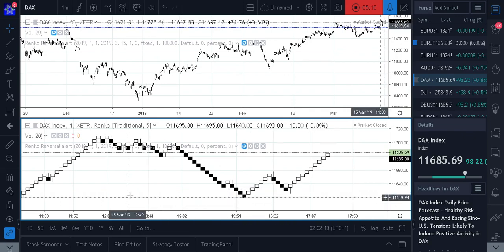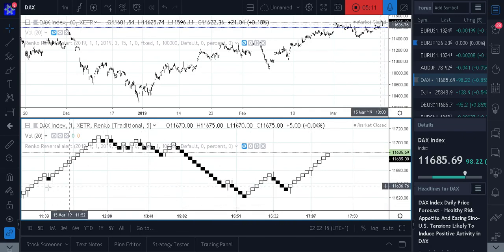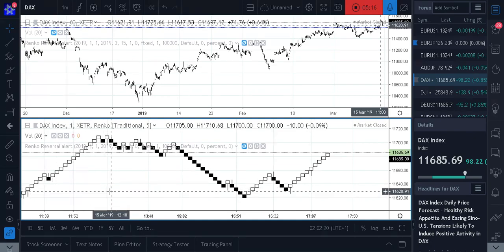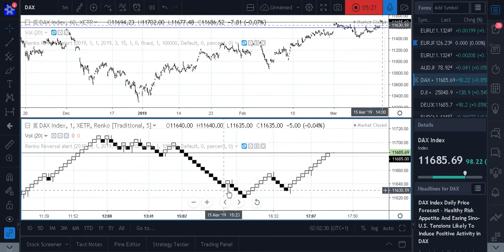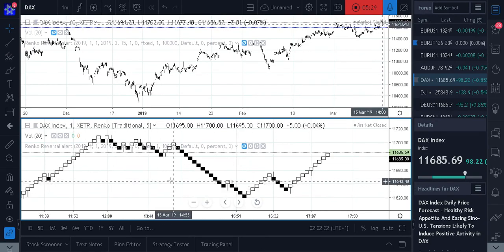For example, we have a very fast price action right here, so we can see that all of this has happened in like 30 minutes, whereas we have regions where this same distance is representing like 2 hours. So this means that time is not the determining factor for plotting a Renko chart.